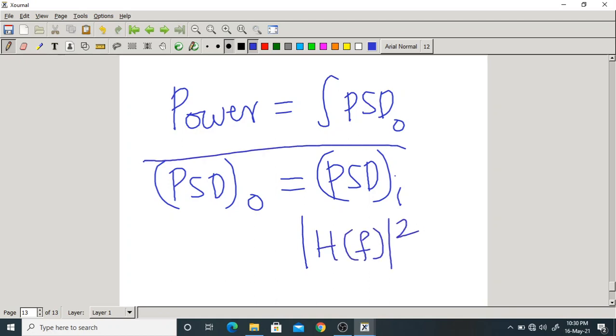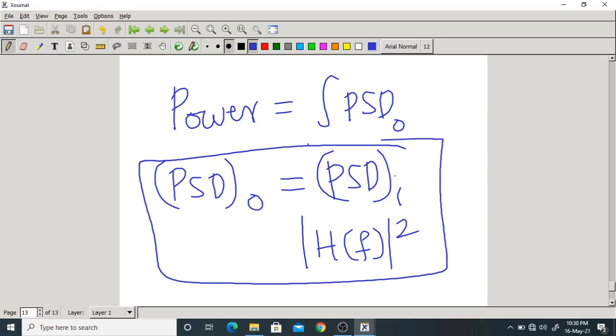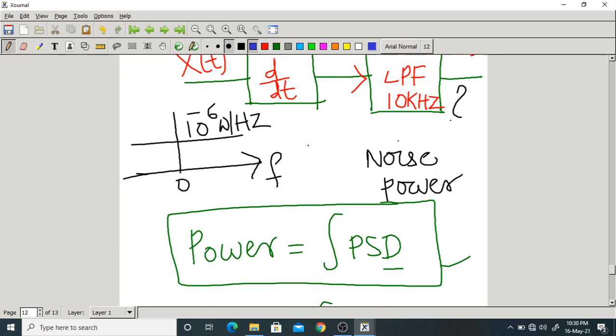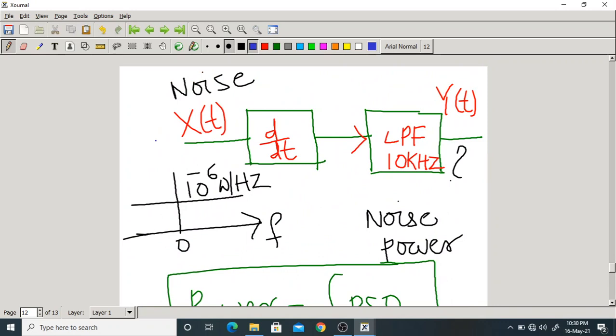I told you this is a very, very important formula. So here we know this. This is the PSD at the input side. This is the PSD of input. We know the systems. They're asking what is the power at the output side.